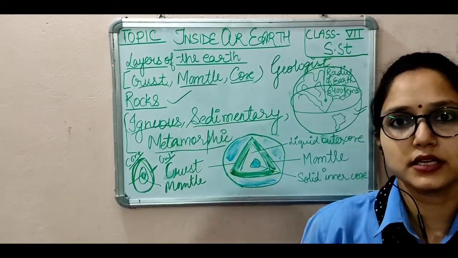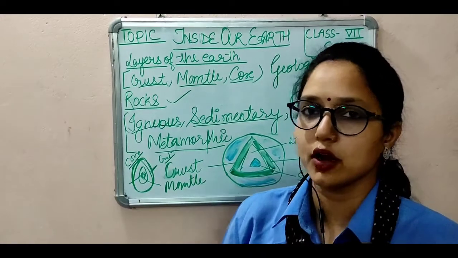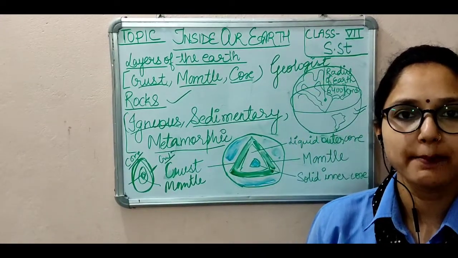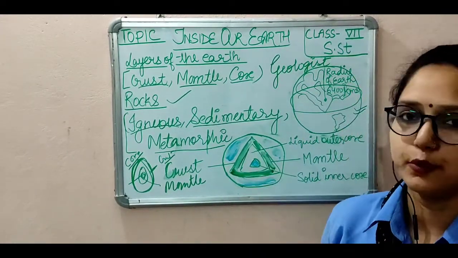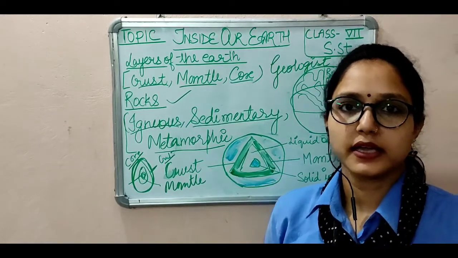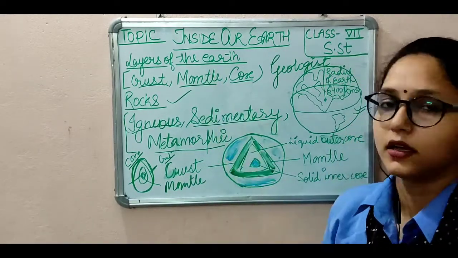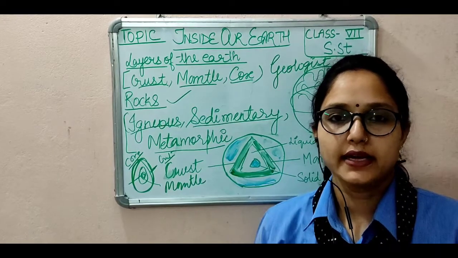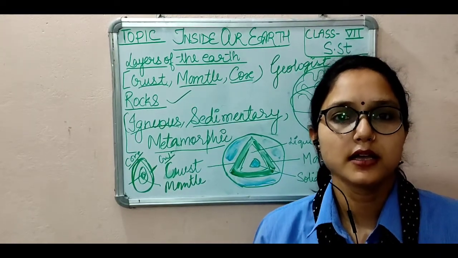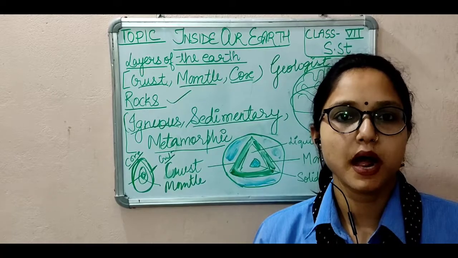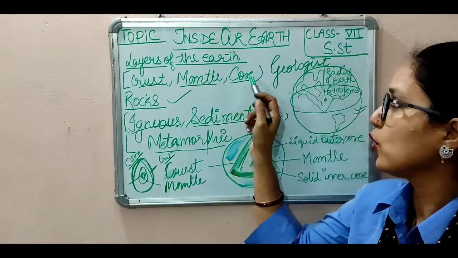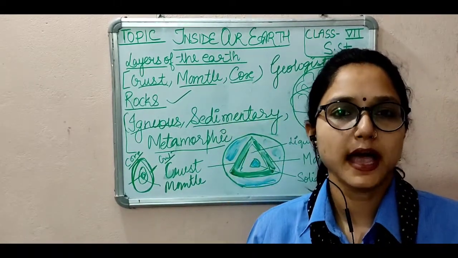So as per this apple, we can easily understand the layers of the earth. The crust is the outermost layer of the apple. The white portion, the middle part, is the mantle. The inside seeds part is the core of the apple.